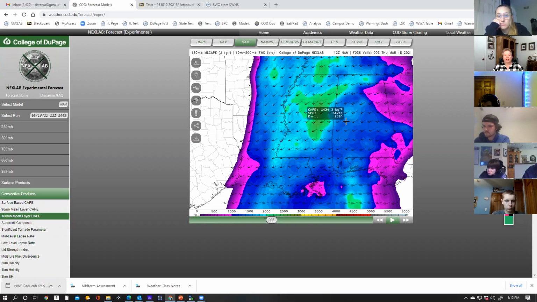So this whole area in blue to green is pretty intense. The wind barb is not the actual wind speed, that's the difference in the wind, that's wind shear. And if I'm up over 40 to 50 knots, that's a lot of shear. And here we're looking at 65, 70 knots of shear.